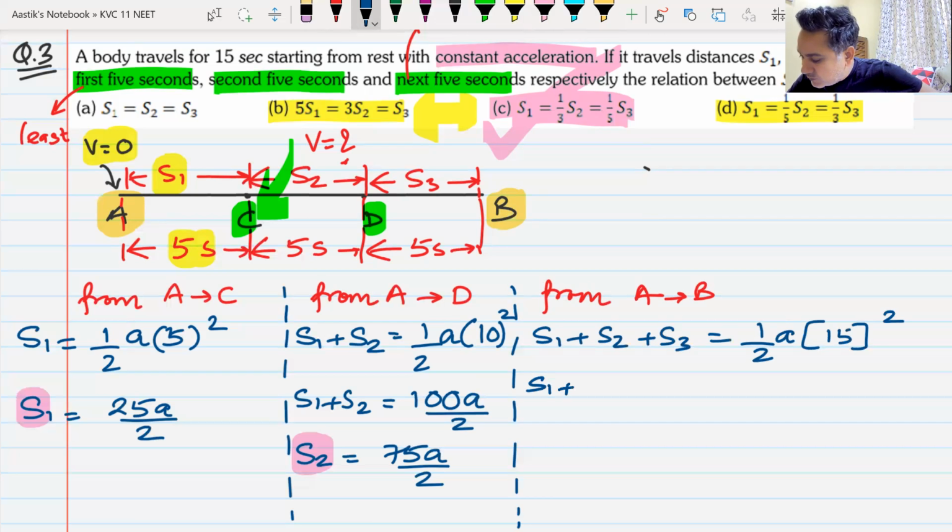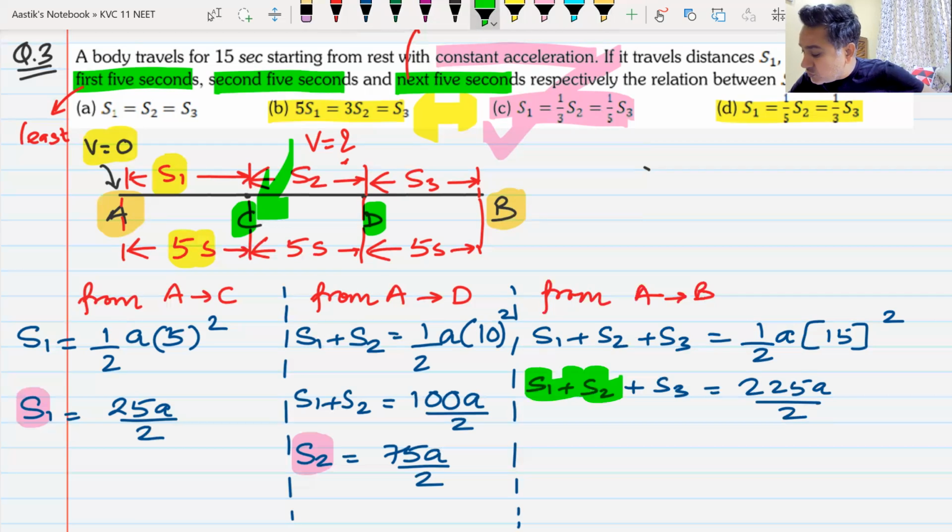So my S1 plus S2 plus S3 becomes 15 square is 225, 225 A by 2. I already know the value of S1 plus S2 from the previous equation. I can put that value and get the value of S3. I think the value of S3 is going to come as 125 by 2A.